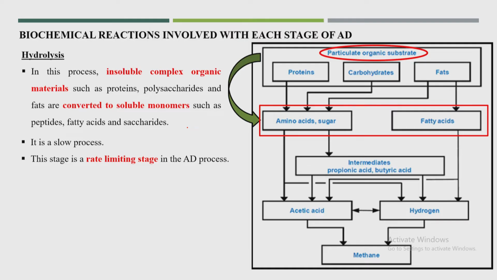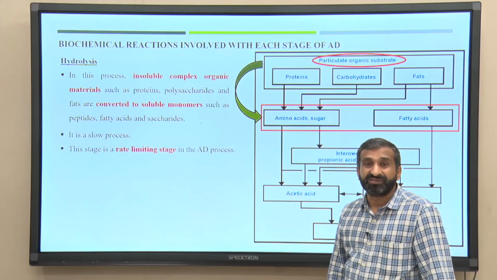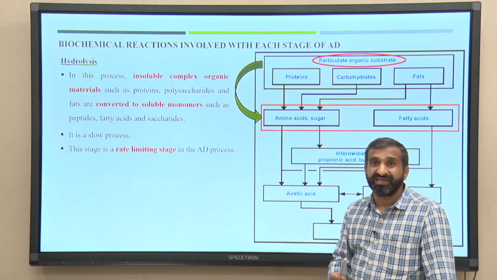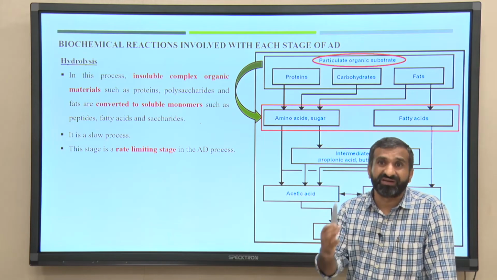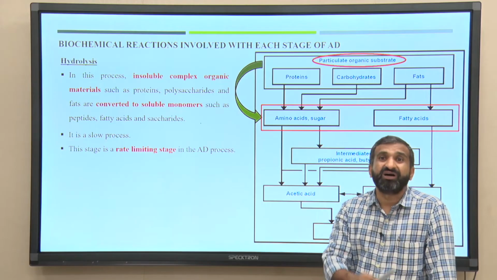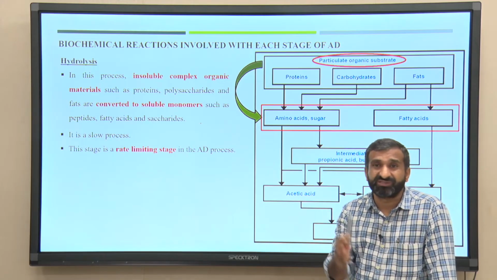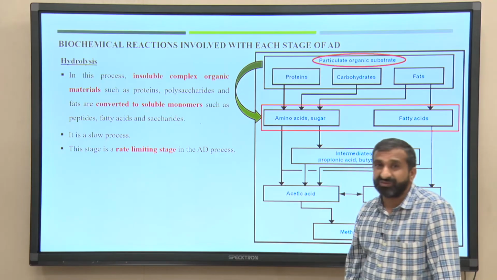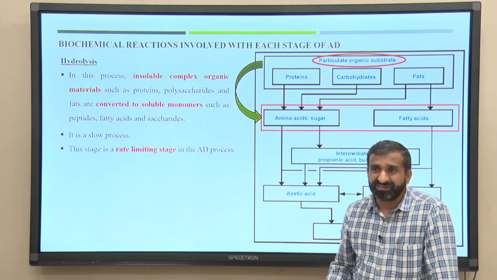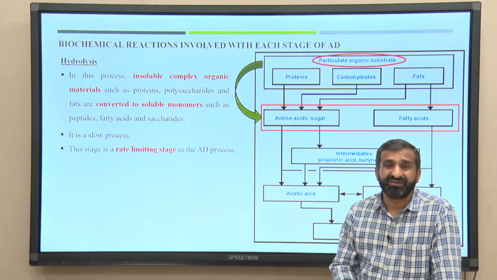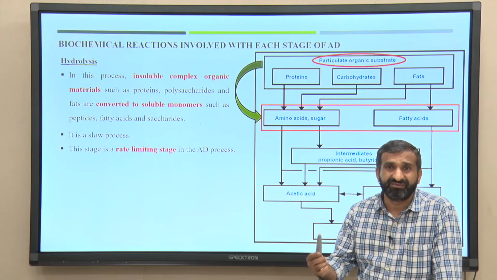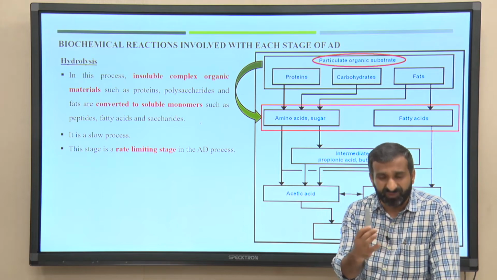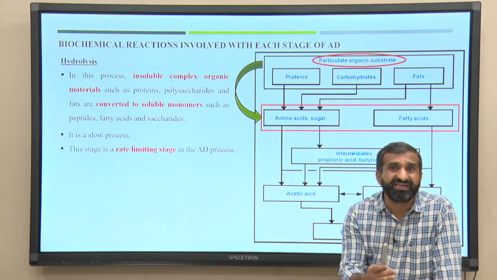It is very important to know which stage is the rate limiting stage in anaerobic digestion, because if you know it, we can work more on that stage, or find different solutions for it. So, hydrolysis is the rate limiting stage. Because of this, many times when we feed the waste into the anaerobic digester or reactor, we first go for mechanical shredding or grinding.